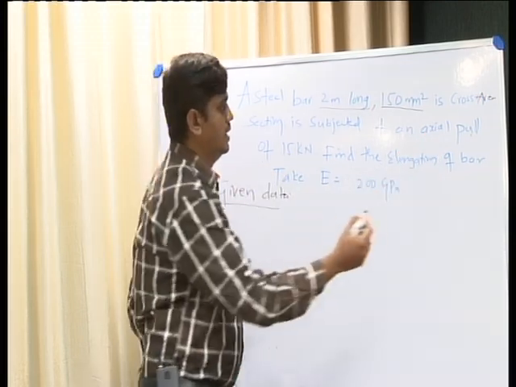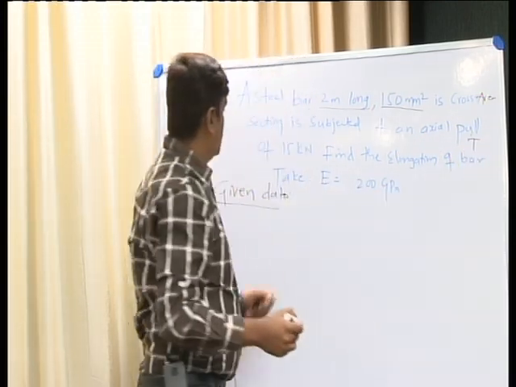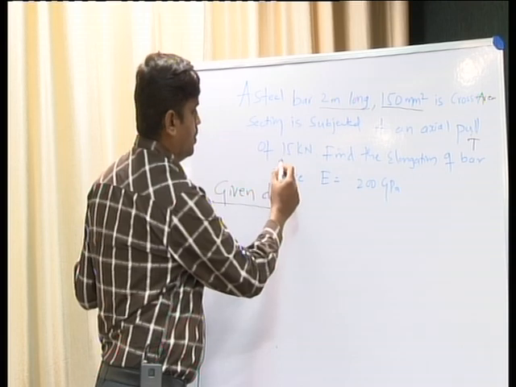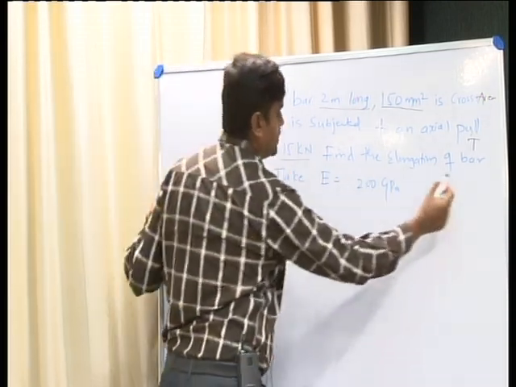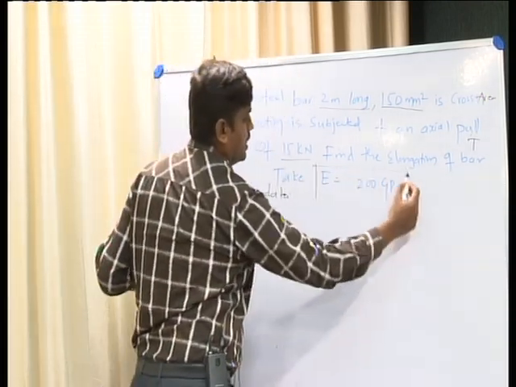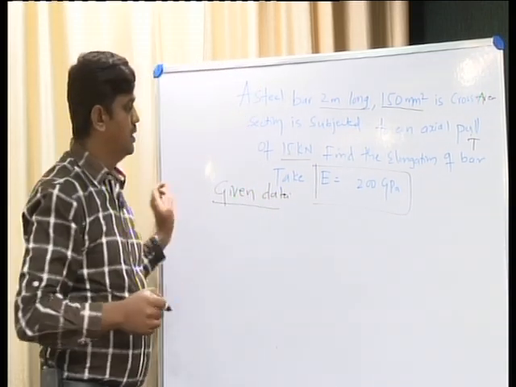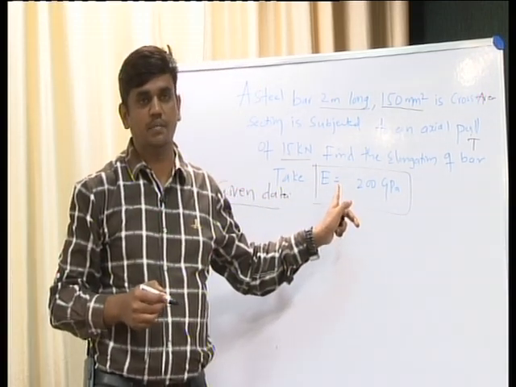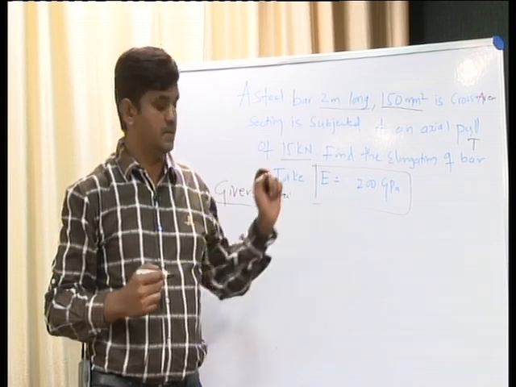Pull means what is that? It is a tension of 15 kilonewton load. Find the elongation of the bar given capital E is equal to 200 GPa. What is capital E? Capital E is Young's modulus.